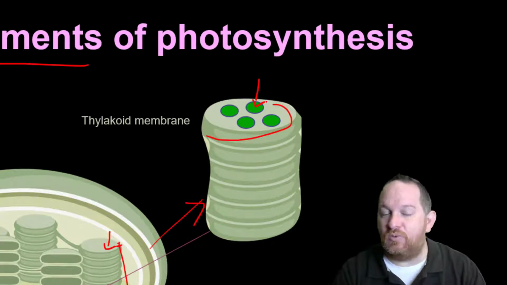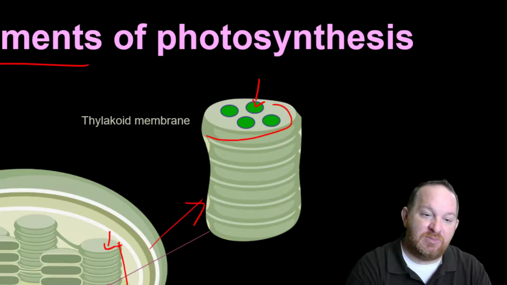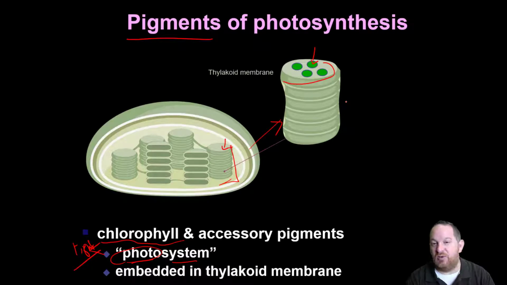What is it that makes this green? Well, it's actually the pigment chlorophyll. Chlorophyll is that particular pigment in these thylakoid membranes that allows photosynthesis to take place. We also call it a photosystem, right? Photo, think light. So this is basically a light gathering system, and they're embedded in these thylakoid membranes.